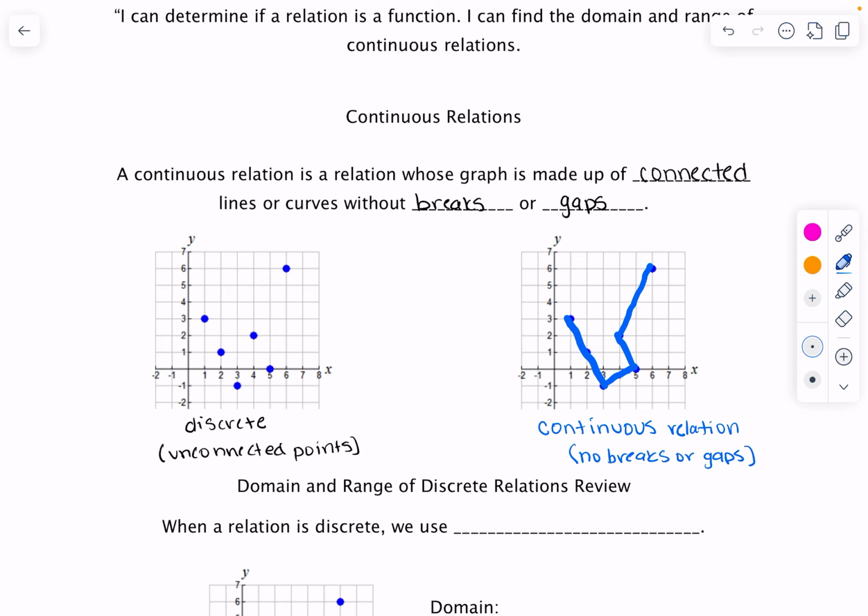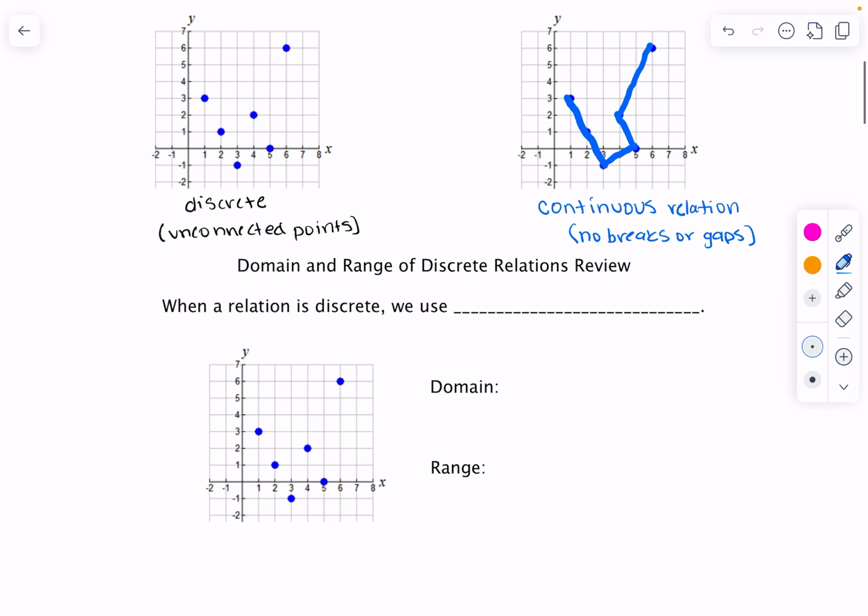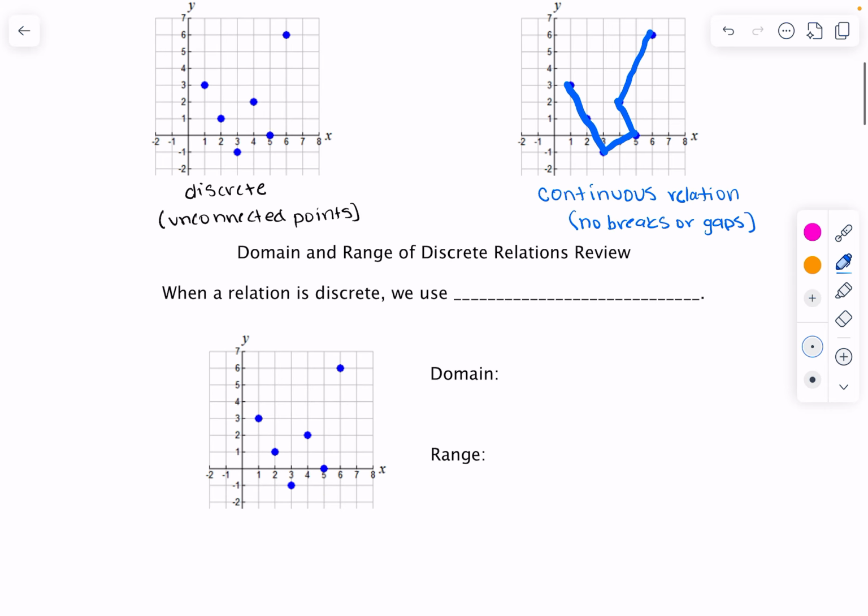Okay, so let's really quickly review the domain and range of a relation. So again, let's talk about the notation we use, because the notation we use for continuous is different. In a discrete relation, we use something called set notation. Remembering that set notation looks like that curly bracket, and when we want to find the domain and range, we list all of the coordinate pairs and then find those x values.